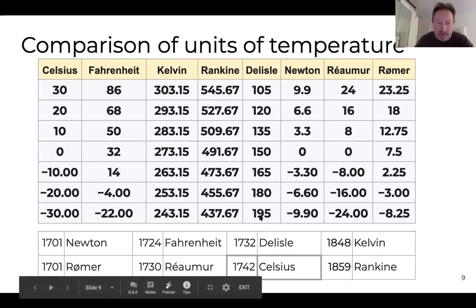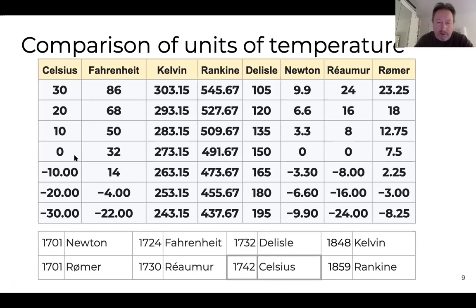And the subject matter of the various scales is the use. For instance, Kelvin is used in physics. Others, I don't know. Three scales have the same zero. And the Celsius scale is the most widely used, probably due to its simplicity.